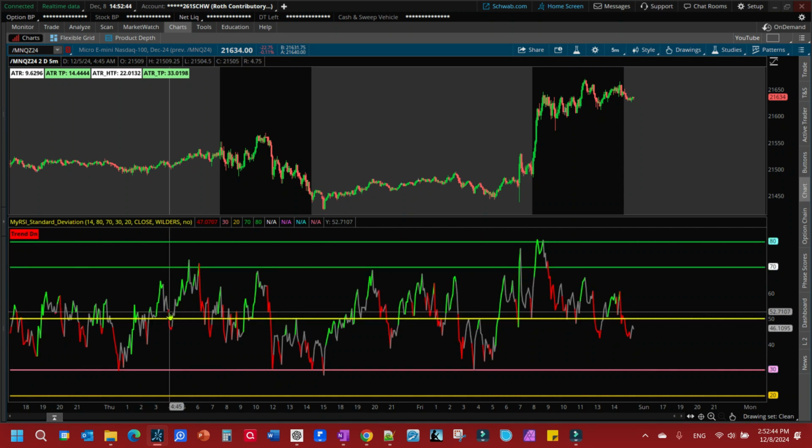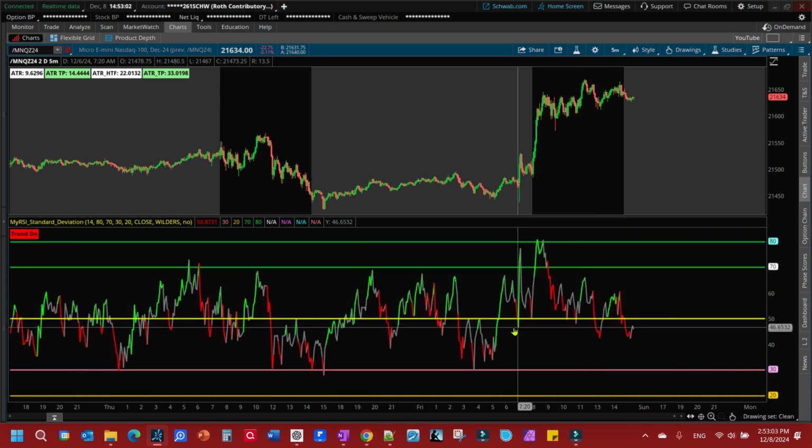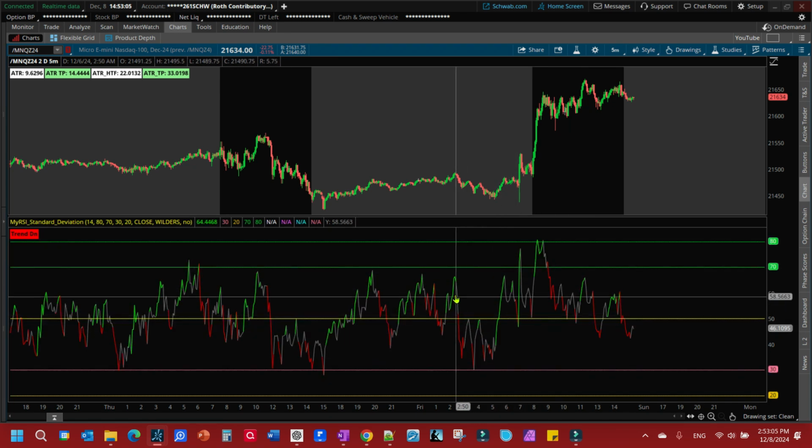If it's one standard deviation below the mean, it's going to fire off a red line. What do I mean by that? What is mean? Mean is the average of the RSI on the look back period. If you see 14 days is your default 14-day look back period. So you have an average, and if it's one standard deviation outside of that average, it's going to change the color lines.